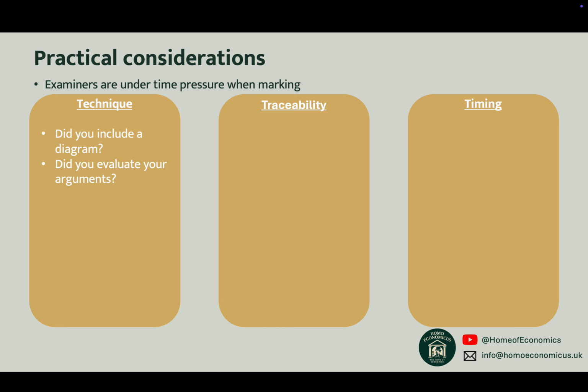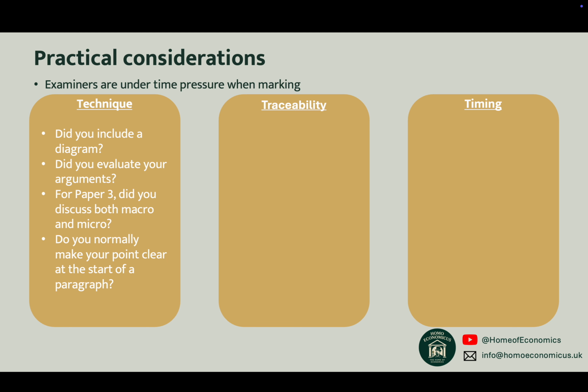If you've forgotten to evaluate your arguments, well, you know you're not going to get any evaluation marks, right? And for paper 3, did you include both micro and macro arguments? Because you need both for level 4. And if you didn't include micro or macro, it doesn't matter how good it is. You know that you're not going to get level 4.